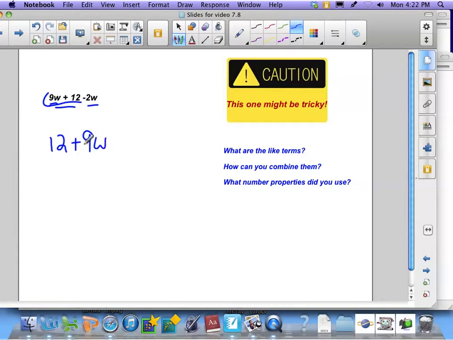You can add numbers in any order, minus 2w. Now you can see 9w minus 2w is 7w. Combine the like terms there, and 12 plus 7w. Or you could also think if you had 9w and took 2w away, you'd have 7w.